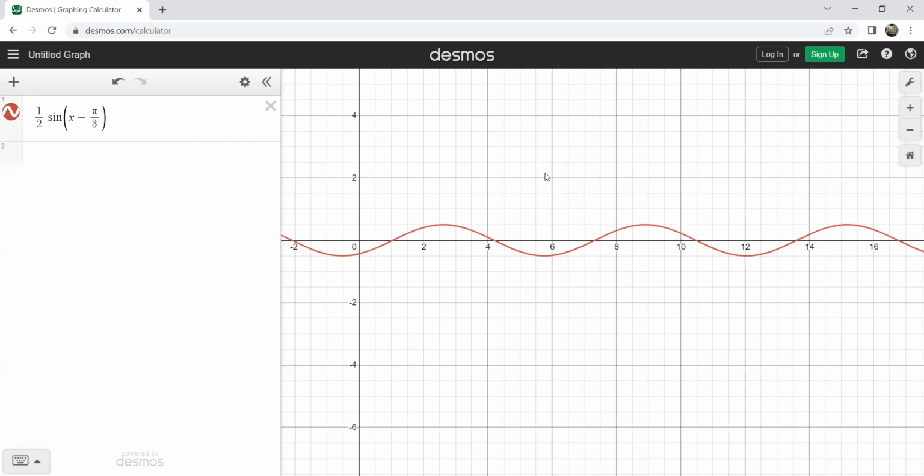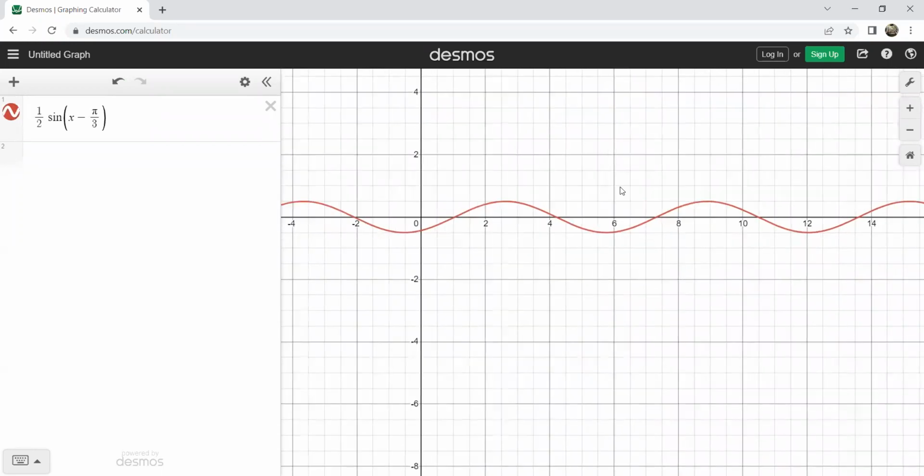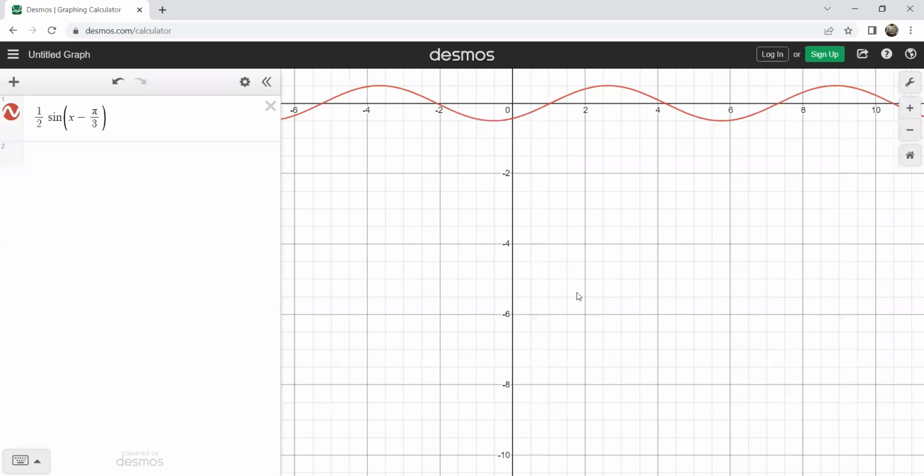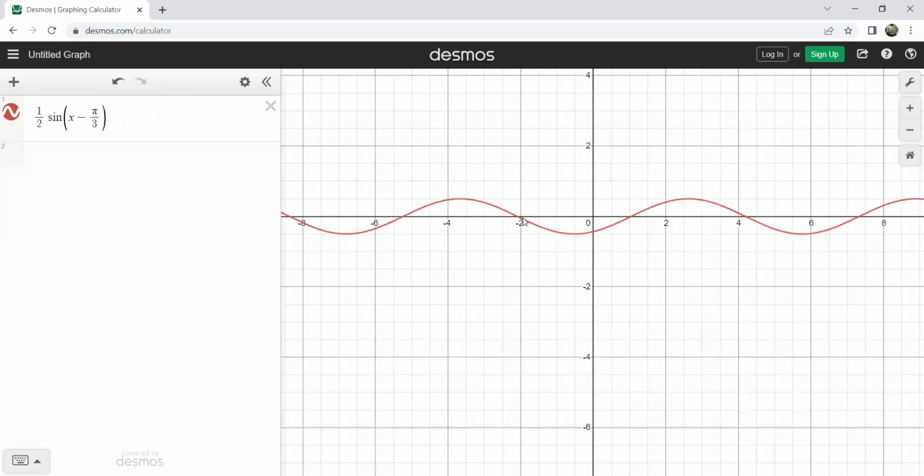What's the definition of zero? Zeros are x-intercepts, the points of intersection of the graph with the x-axis. All of these dots, you can continue this process to the right and to the left. These are all x-intercepts of your function.